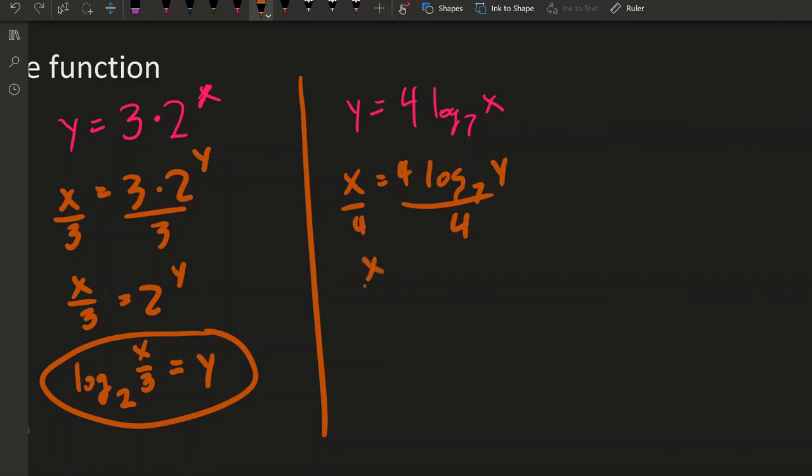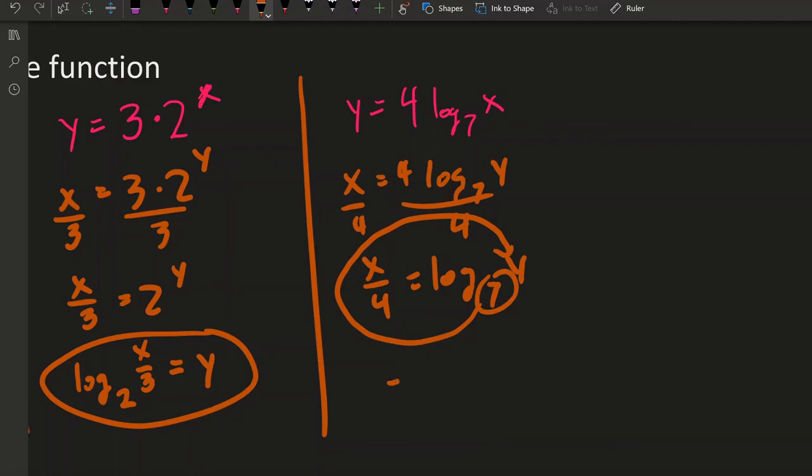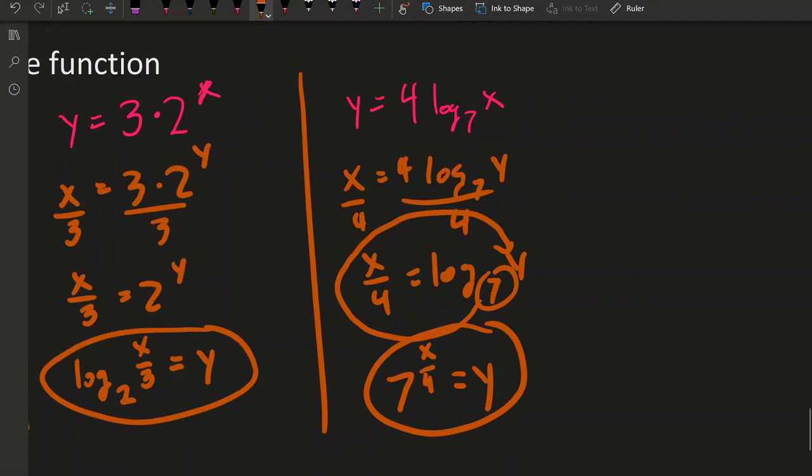So I would get x over 4 is equal to log 7 of y. And now I would change it from a logarithmic function into an exponential function. So 7 to the x over 4 is equal to y. And that is my inverse function.